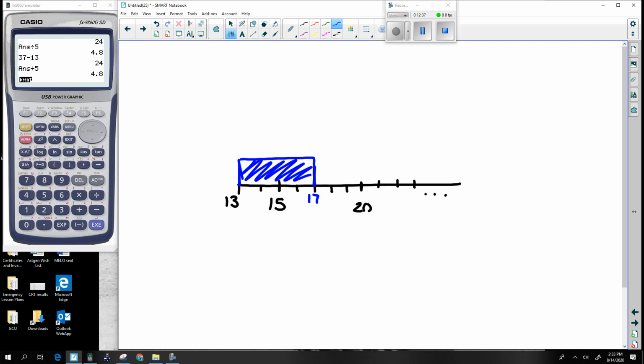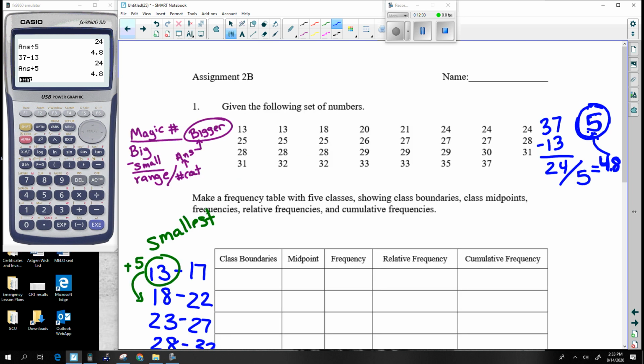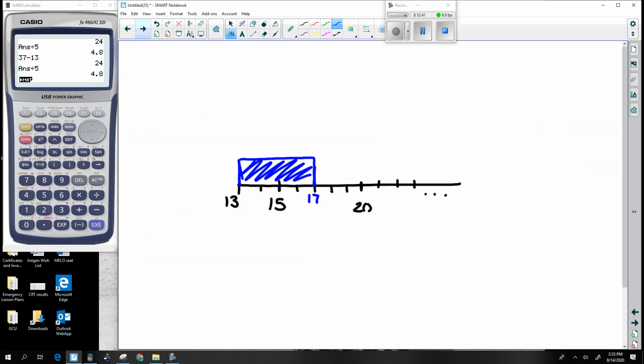Our next boundary begins at 18 and goes to 22. And so there is that second boundary.